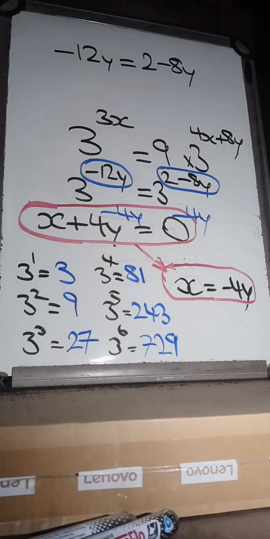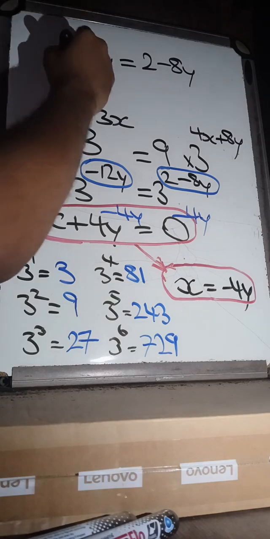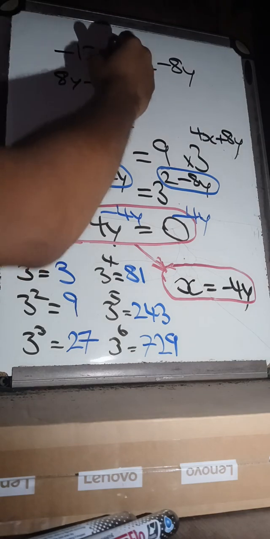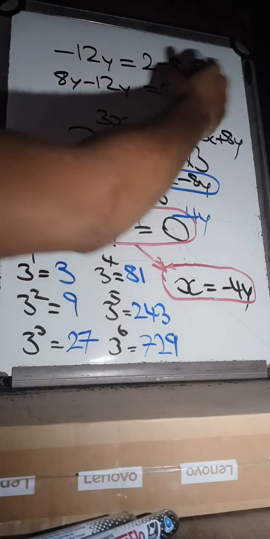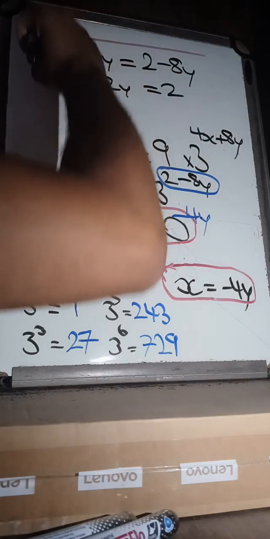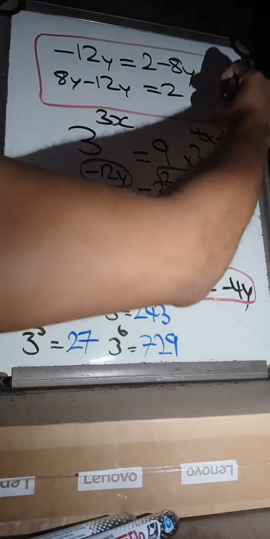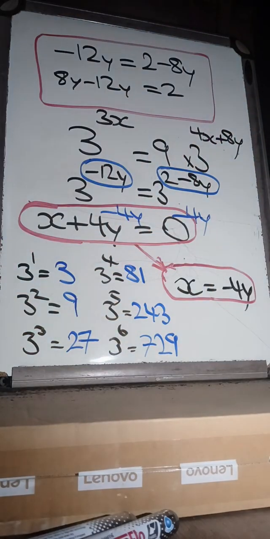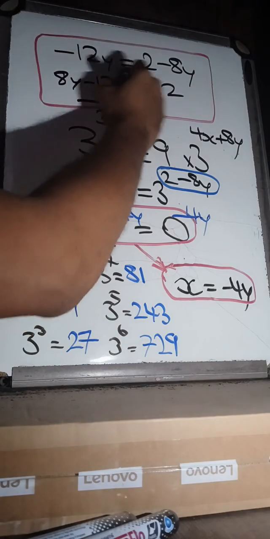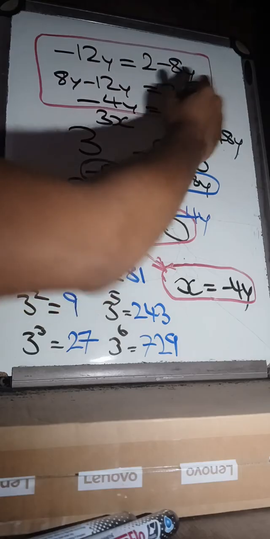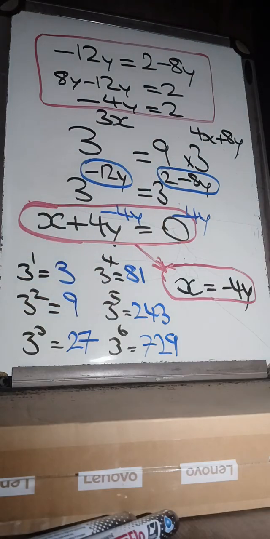If we add 8y to both sides, we end up with 8y minus 12y is equal to 2. Finally, we'll have minus 4y is equal to 2.